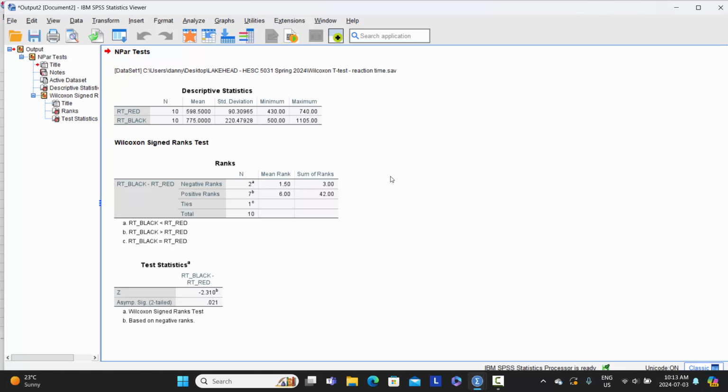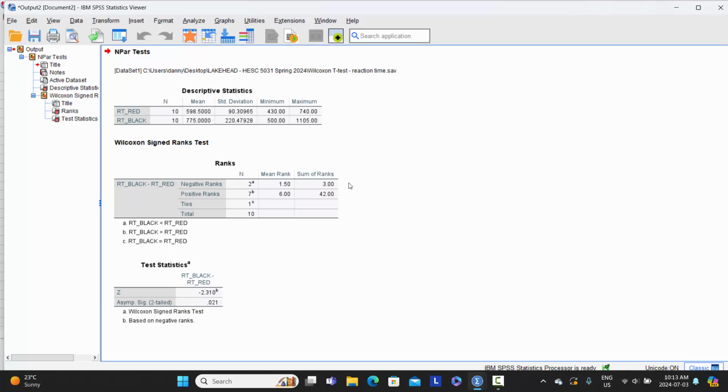The difference is then measured, and then the negative ranks is compared against the positive ranks. And so we see the lower value of the negative ranks is taken as the key Wilcoxon statistic.